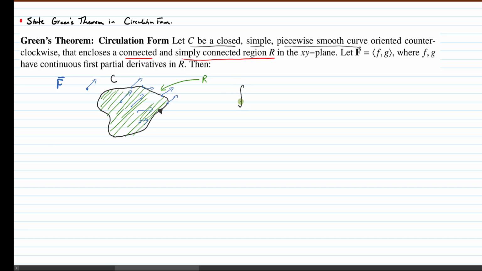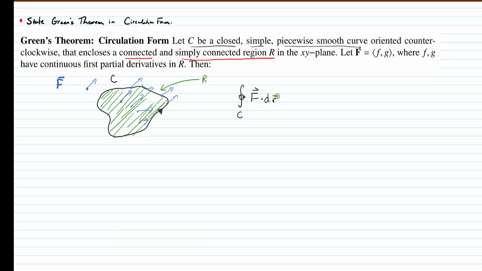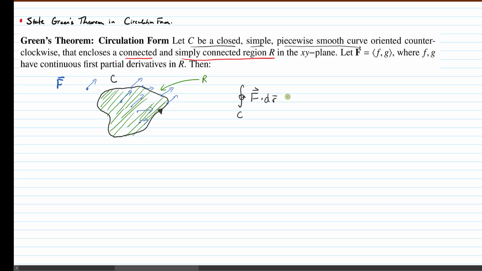Green's theorem says that if you were to evaluate the circulation, and by the way, let's give that a counterclockwise orientation, around the curve C, remember there's a couple ways to denote that, but we'll first just write it this simplistic way, F dot dr. Computing that circulation around the boundary is equivalent to computing the sum of the curls at each point inside the region.